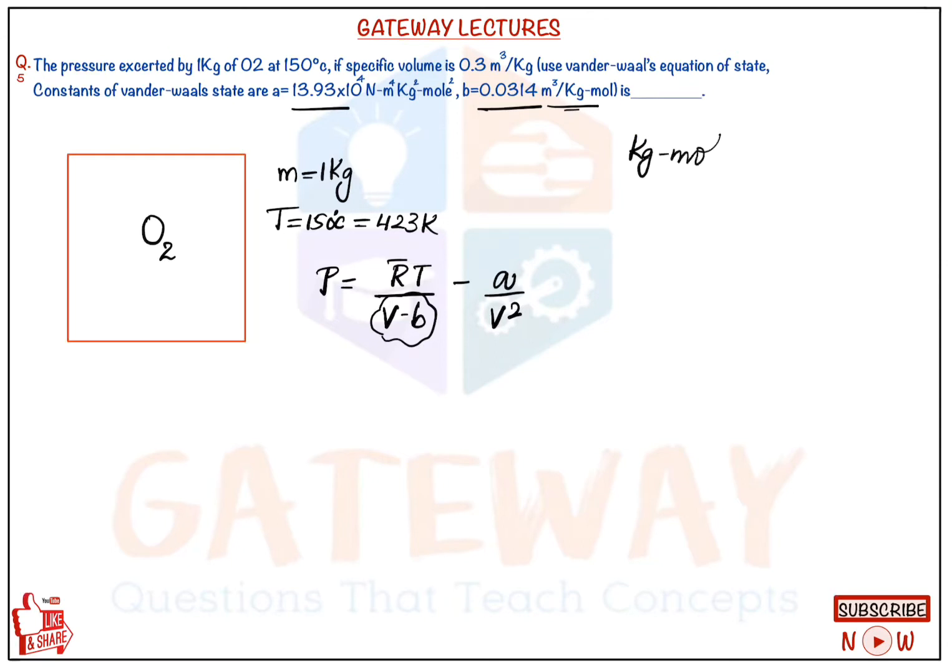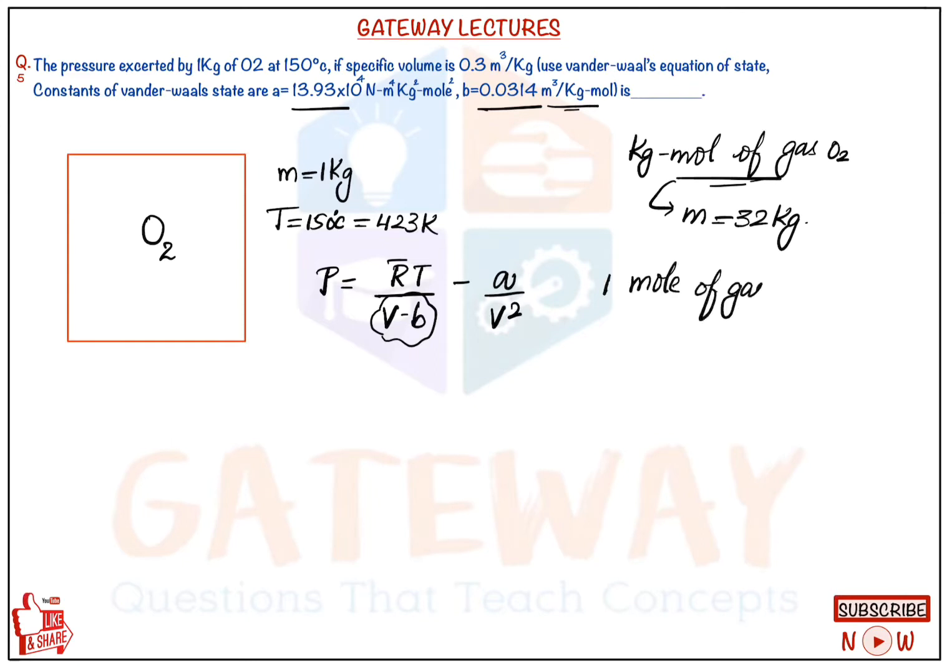1 kg mole of gas. For 1 kg mole of gas O2, what will be the volume? So for 1 kg mole of O2, the mass will be 32 kg. If you consider 1 mole of O2, it occupies 32 grams, since oxygen is 16 and O2 is a molecule, so it is 16 plus 16, 32 grams.